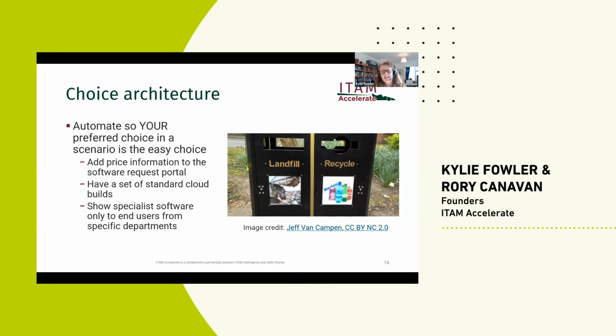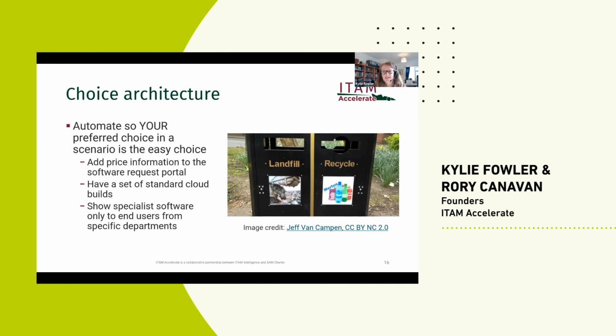So we need to leave the options open, but we build our tools and automation workflows so that there are extra steps, for instance, that need to be taken to choose a non-standard piece of software. Some things we could relatively easily implement in our own organizations are to add the price information about a piece of software to the software request portal, so that people selecting software are steered towards the free or low cost version.